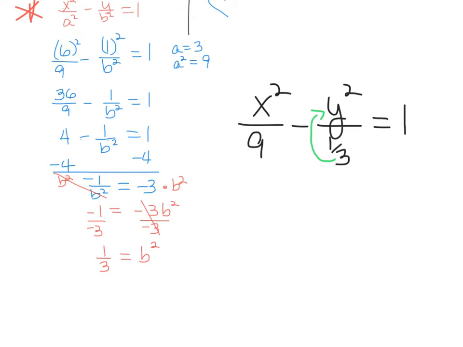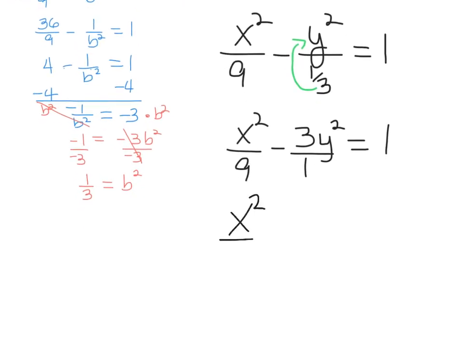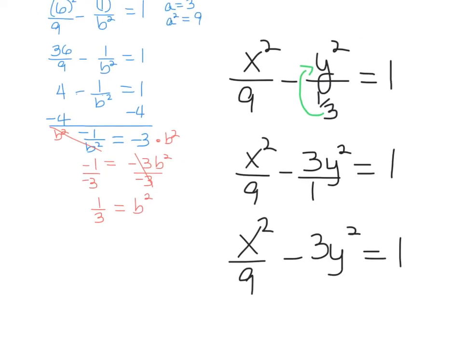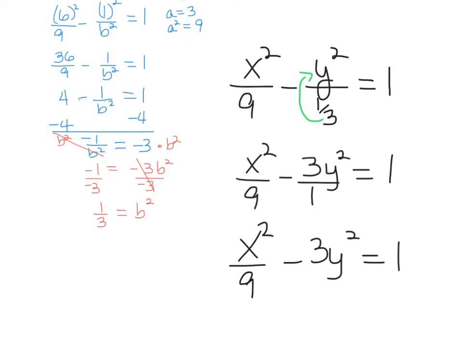So you'll probably also see your answer written like this, and this is what I would want to see: the 3y squared equals 1. Keep in mind there would have been a 1 here, but you're going to see it in any one of these 3 answer choices. So on the multiple choice, if our answer is a fraction over a fraction, you would want to move it up.